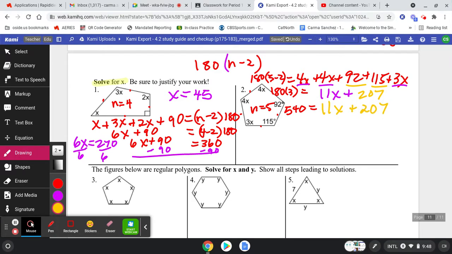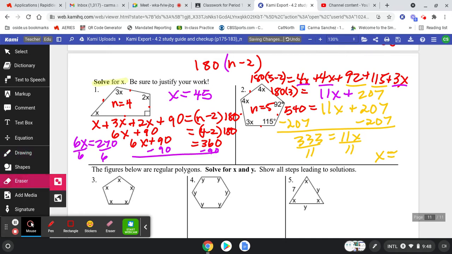And now we can solve. Subtracting 207 from both sides. Dividing by 11 is giving me 30.27 approximately. Remember when we round that we have to use the approximation symbol.